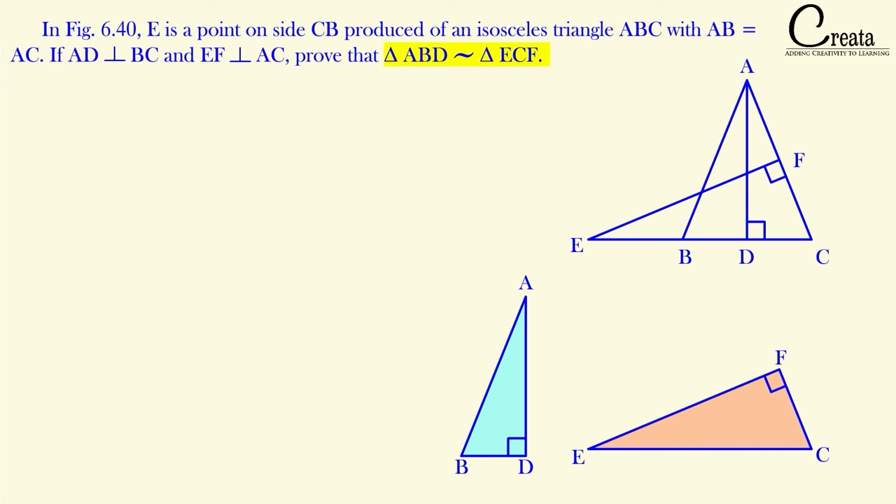Here triangle ABD we have to prove as similar to ECF. You should observe the sequence of the order of the vertices of the triangle, like A is matching with E, B is matching with C, and D is matching with F. And we have to rotate one of the triangles so that the corresponding angles' order should match.